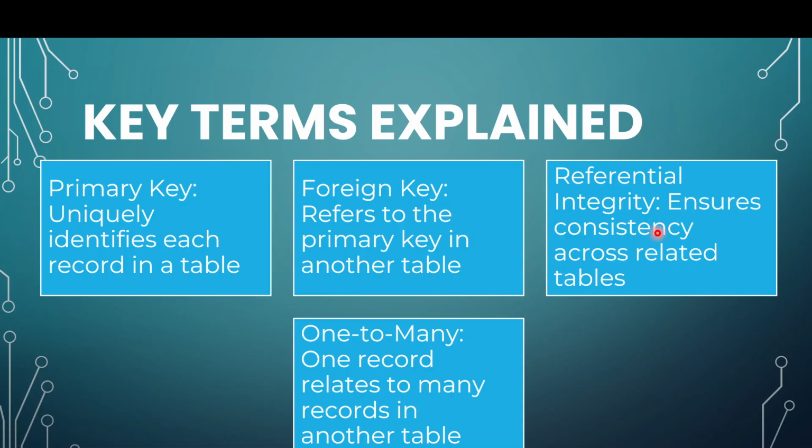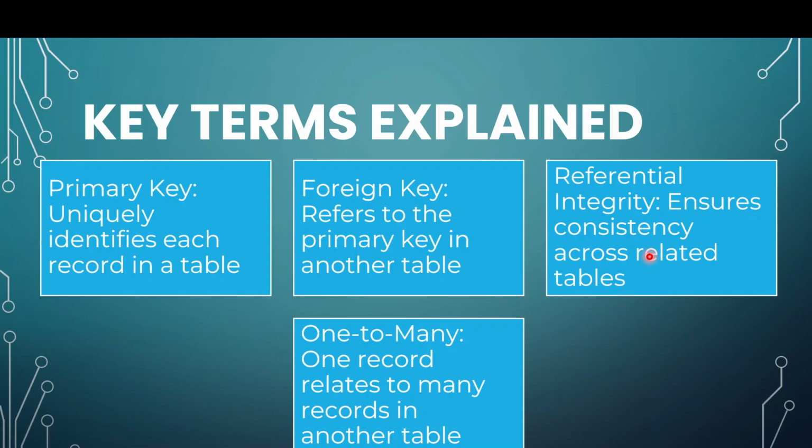Now, apart from foreign key, we also have what we call referential integrity. Referential integrity maintains consistency between tables. For example, you cannot assign a subject to a student who does not exist in the student table.